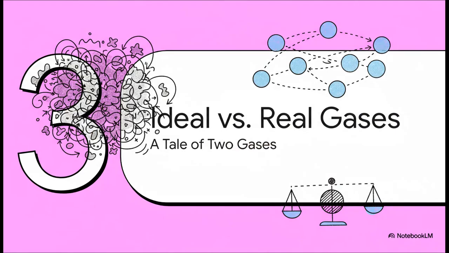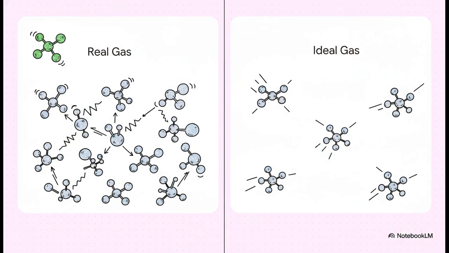Now, to make all of this way easier to wrap our heads around, scientists do something really clever. They came up with a simplified model. They compare a real gas, which is kind of messy and complicated, to this perfect, simplified version called an ideal gas. Let's see why this helps so much. And here it is, the key difference.